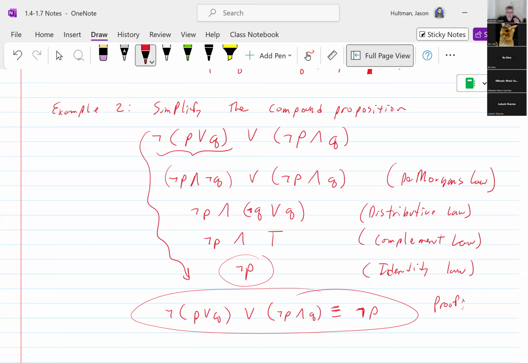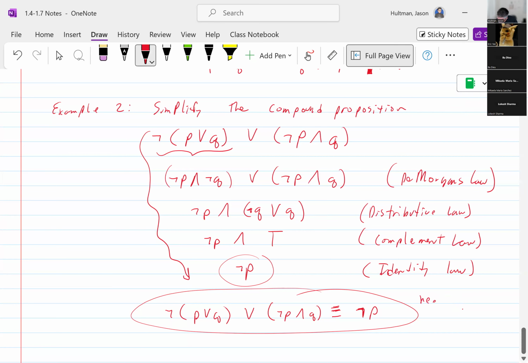I pretty much have set up the proof already by listing out the reasons, the justification for each step. We could easily turn this into a proof by putting the statements and then the justifications, making it a formal proof.